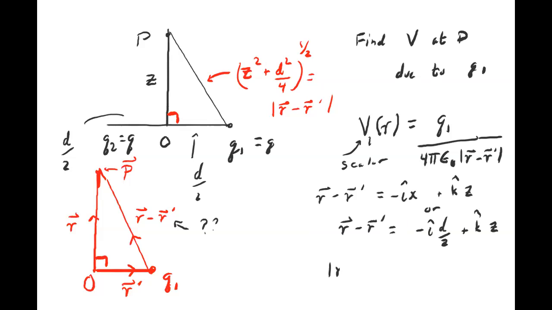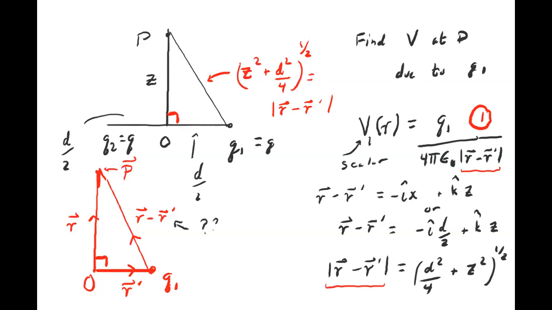So what you'll need in the denominator is the norm, magnitude, or length of that vector, and that's just going to be d squared over 4 plus z squared all to the 1/2 power. So I want to calculate the electrostatic potential due to charge Q sub 1 in this particular diagram. I just need to know what this denominator is. There it is, in terms of the parameters in the system, d and z.